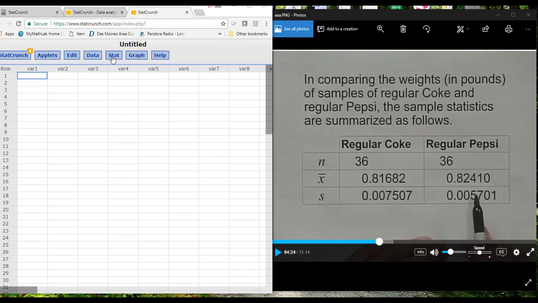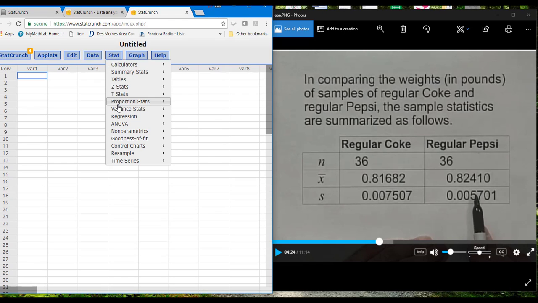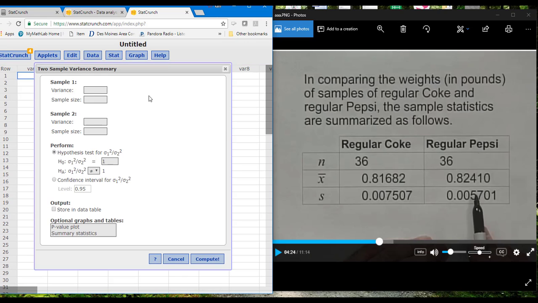So let's go to Stat, and I think you can get it now, variance, two sample, with summary. And again, we want our variance, and we want to take the biggest one as our sample 1. We don't need the means. Our regular Coke is going to be the biggest one.